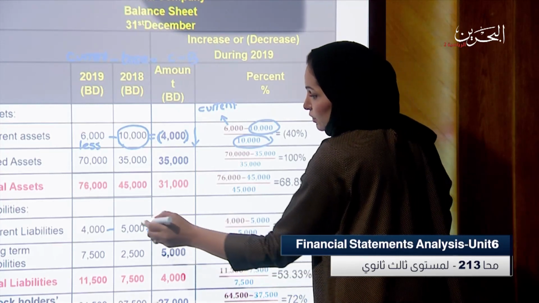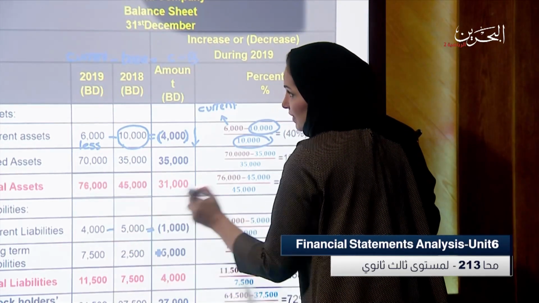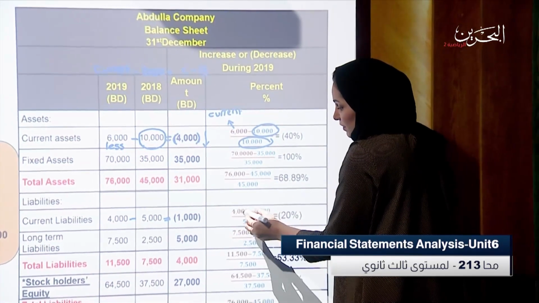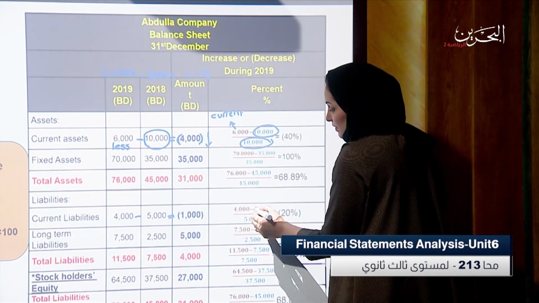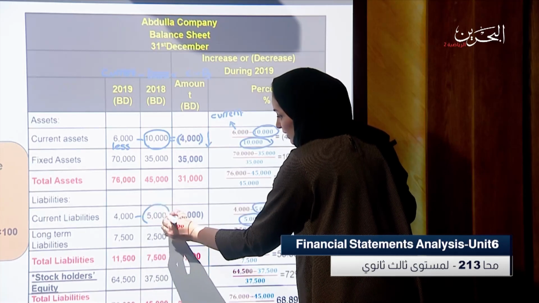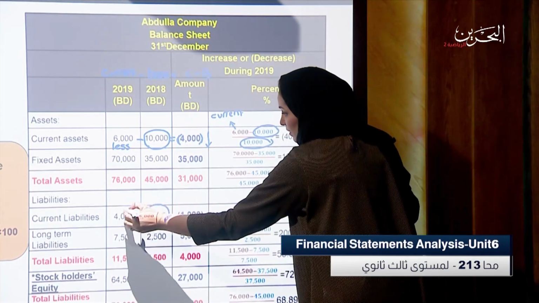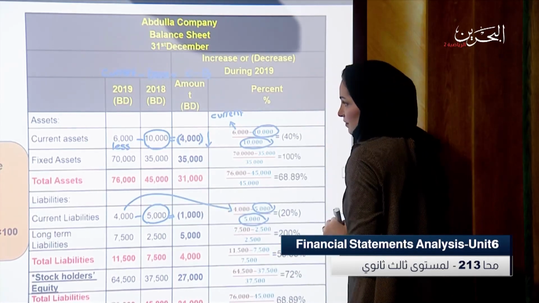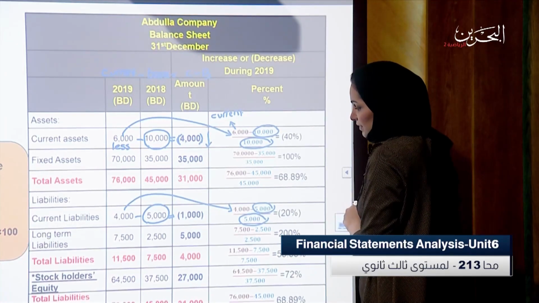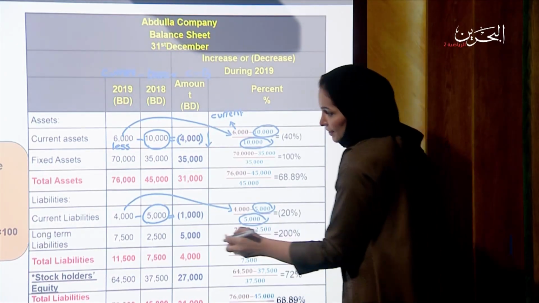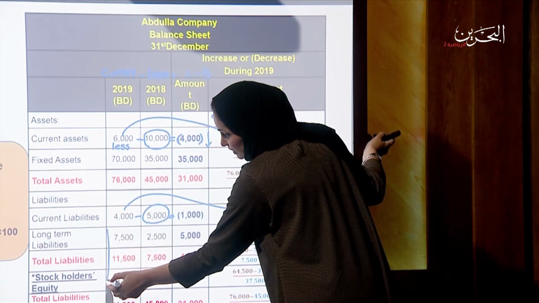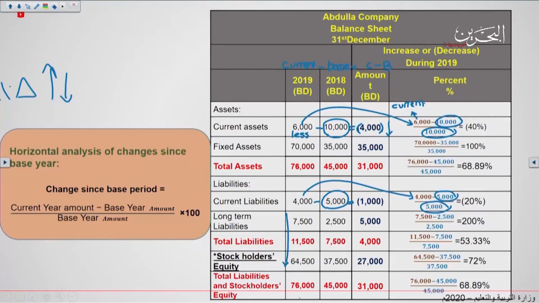Why? Because the current amount is less than the base amount. Let's apply the formula: 4,000 minus 5,000, the base year amount, divided by 5,000, equals 20%. The same for long-term liability, total liability, and stockholders' equity.